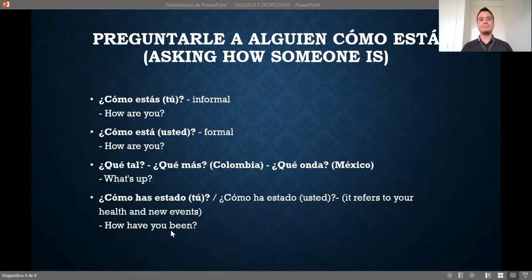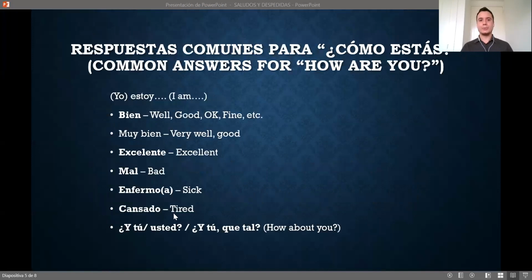All right, let's continue. Now that we already know the questions, let's review the most common answers to the question, how are you? So, in general, we start responding with this expression, yo estoy. Or look at, as it is in parentheses, it's not necessary to say yo. I can say simply estoy.